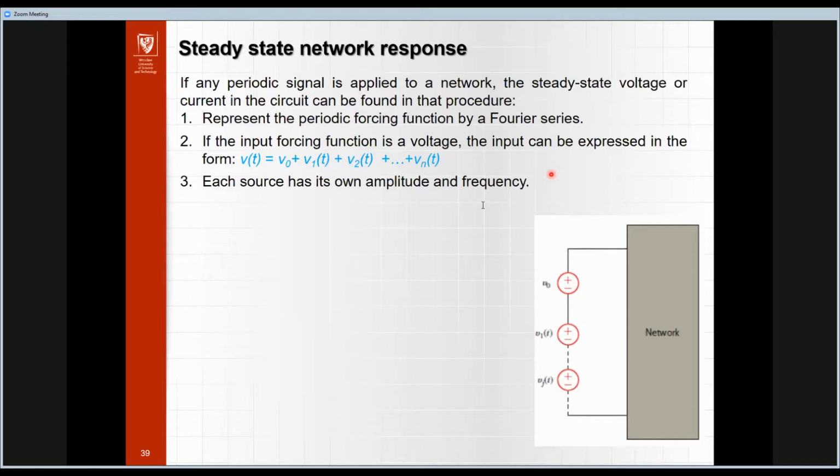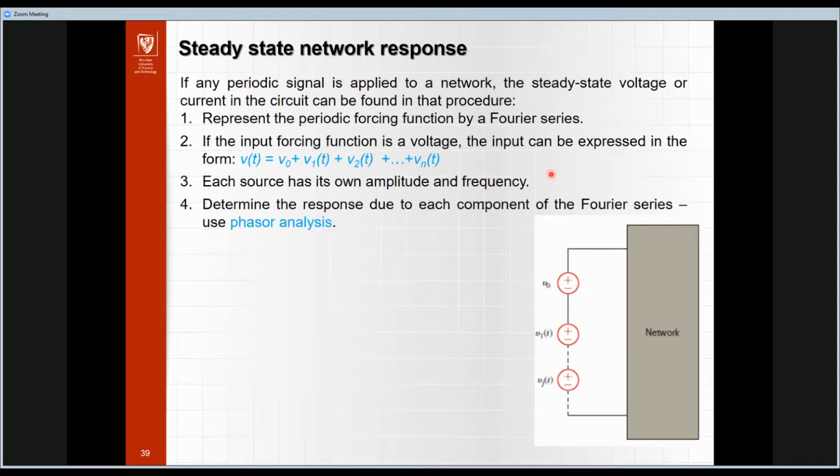So this is the formalism, but I showed you previously in one of the simulations when I used such sources in series and determined the response due to each component of the Fourier series.